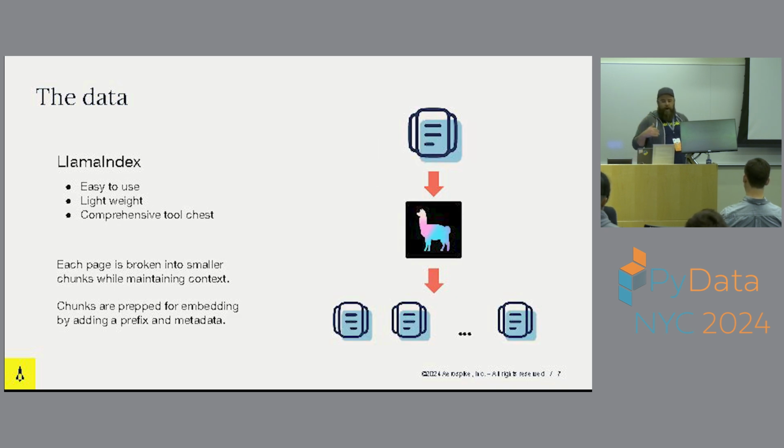Now, we are using Llama Index for the data prep. And so this works on both the vector side and the keyword side. Llama Index is what we're utilizing for chunking of that data.